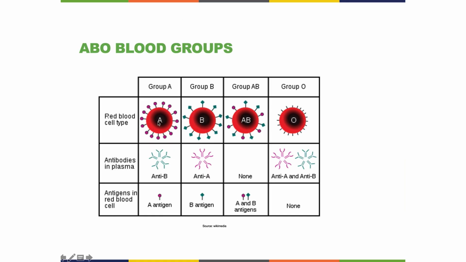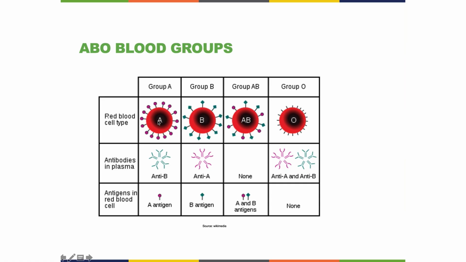If you're type A blood, then you produce red blood corpuscles that have a specific carbohydrate on their surface. Okay, if you're type B, your red blood corpuscles have a different carbohydrate on their surface.